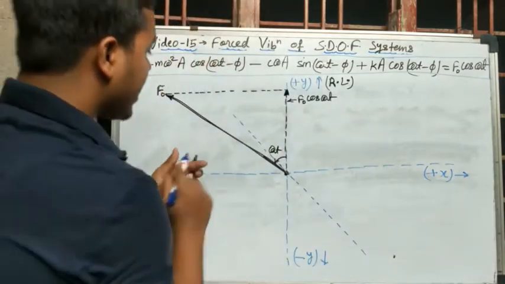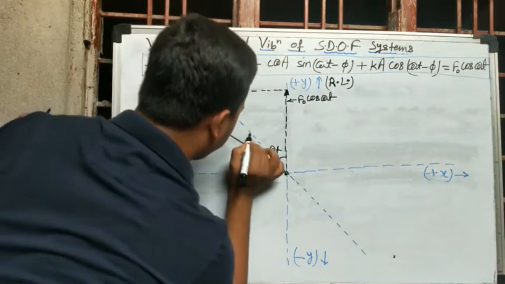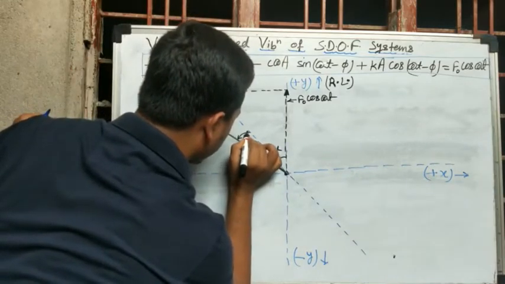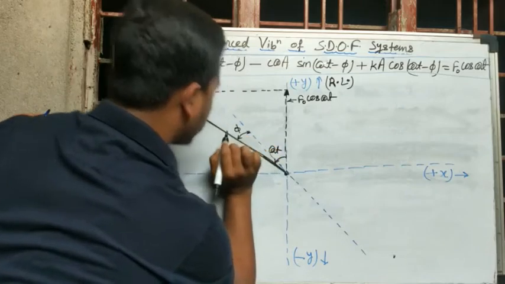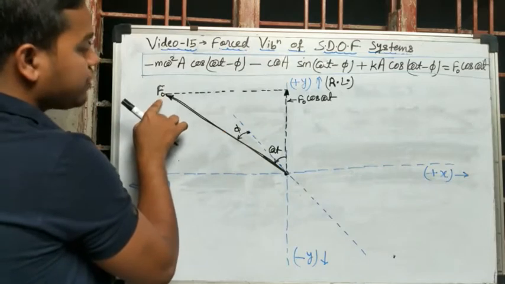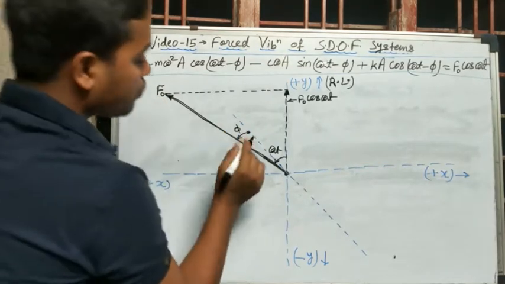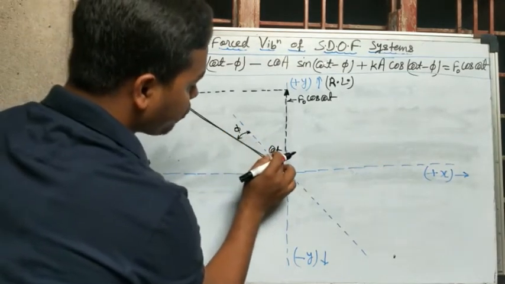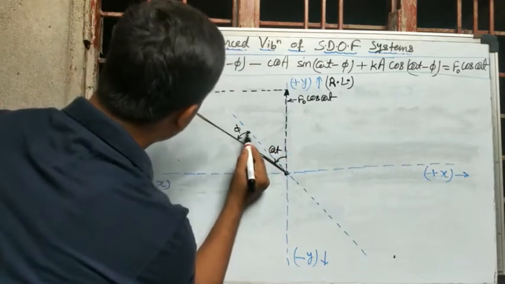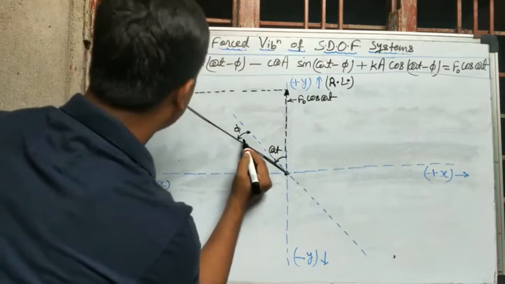So now this line is making an angle phi, right? This angle is equal to phi. So this line is making an angle phi with the line of action of the force F naught. So now if this angle is phi, this angle is omega t total. The angle of F naught is omega t. The angle of this line and the line of action of the force is phi.